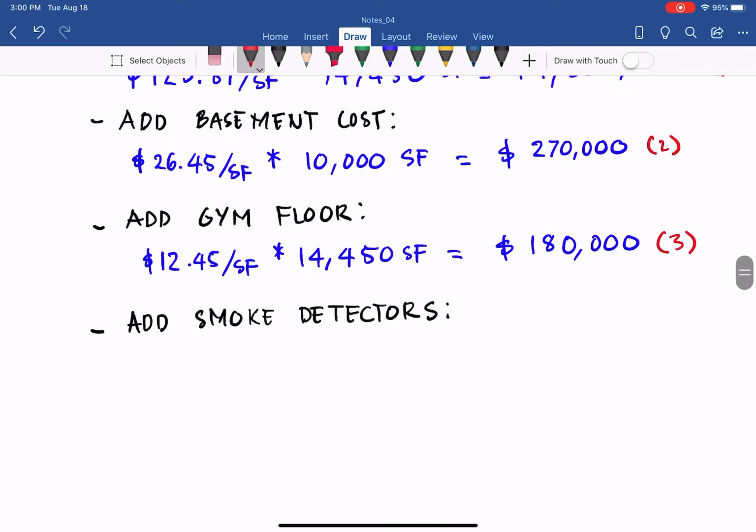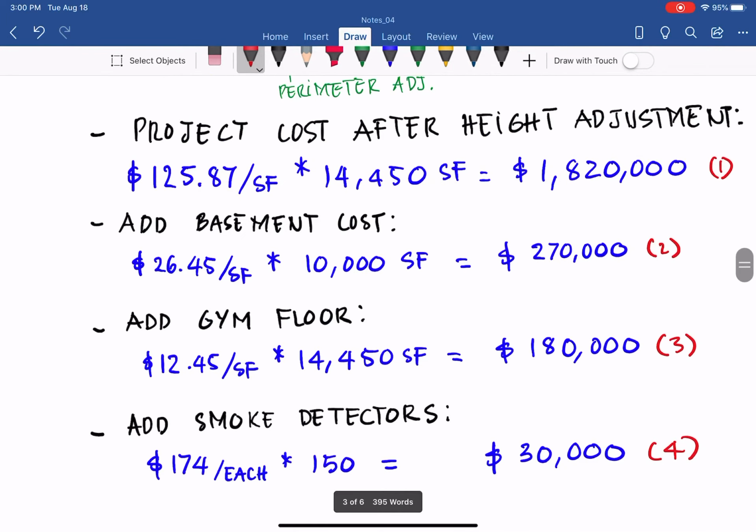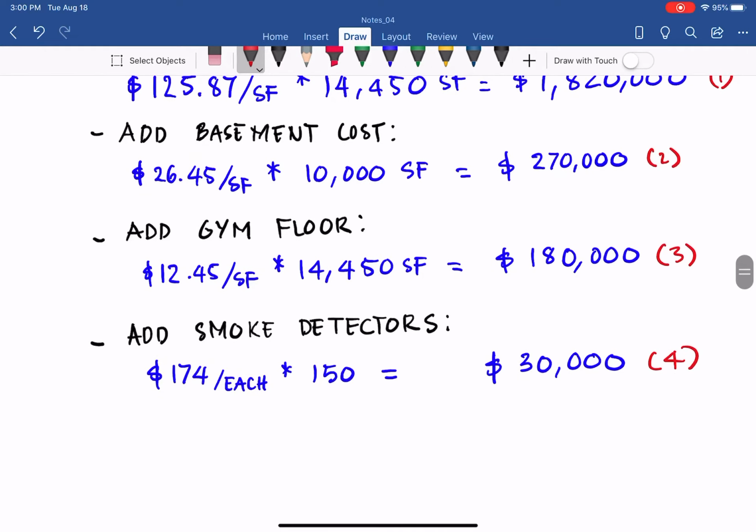And the last one, smoke detector, each smoke detector is $147, times 150, and round up to 10,000, so it's 30,000 at the rough estimate. From that we can add the 4 cost items here to get the national average of the project cost.